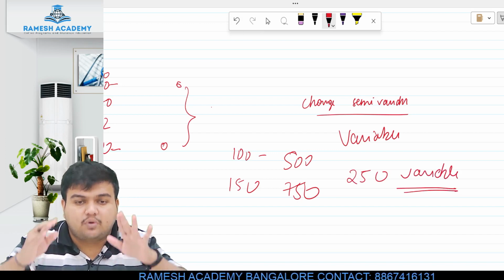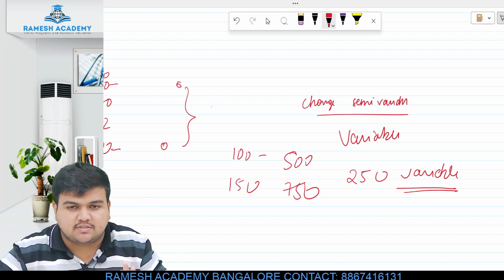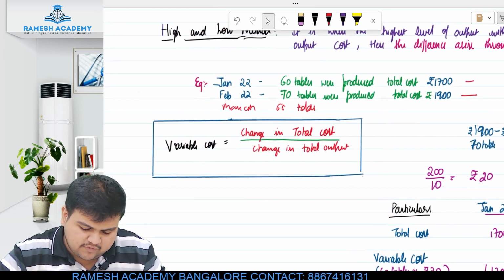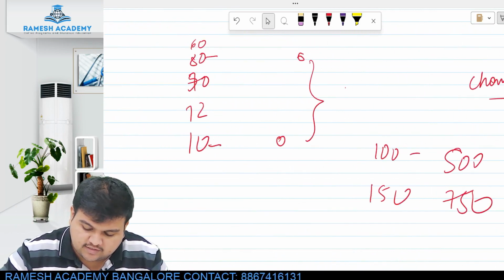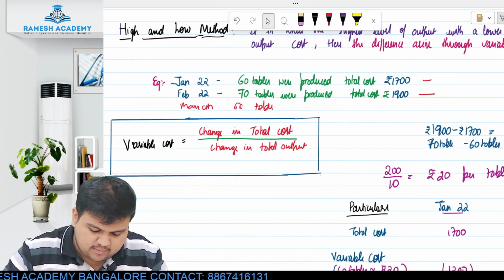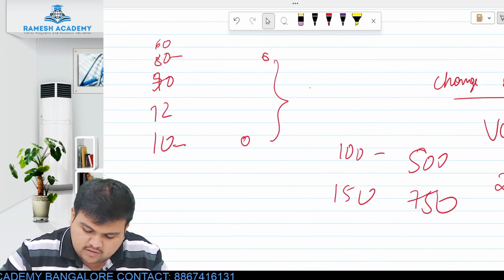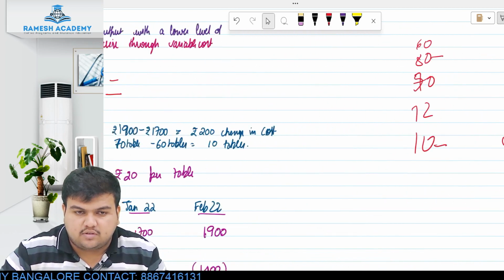That 250 change is because of variable expenses only. So the formula we use is change in the total cost, here 250, divided by change in the total output, here 50. 250 by 50.